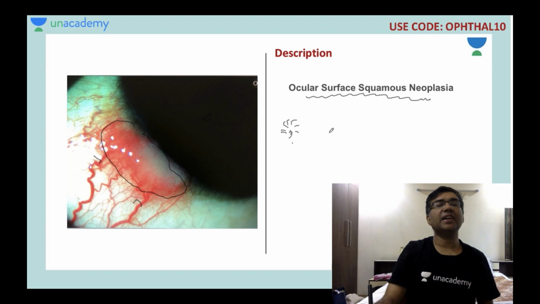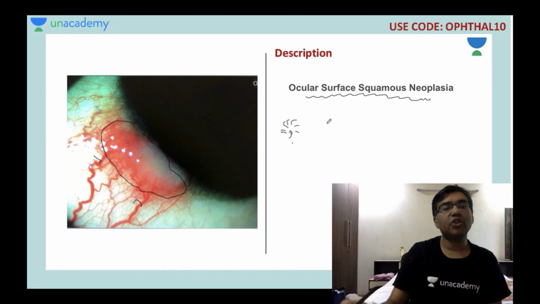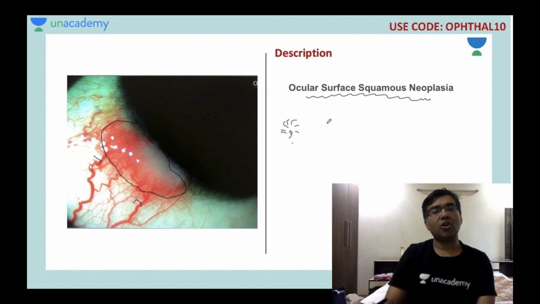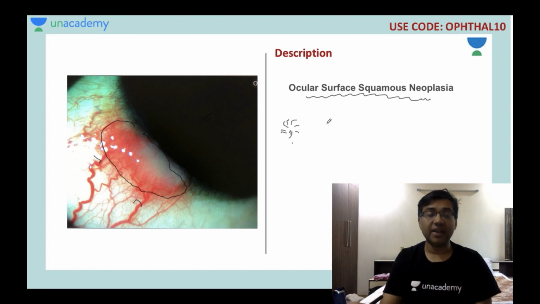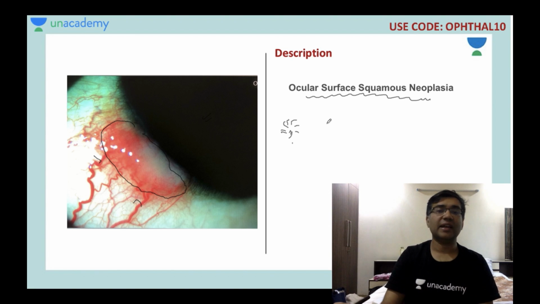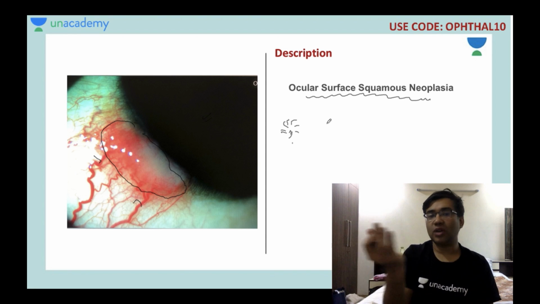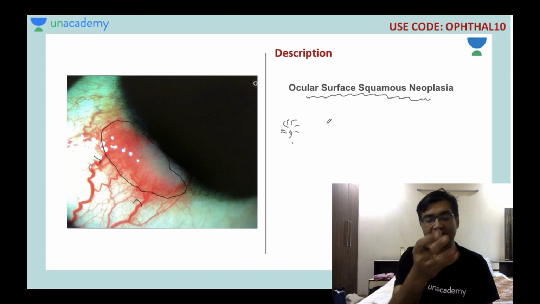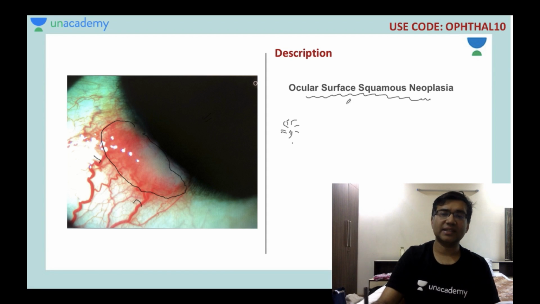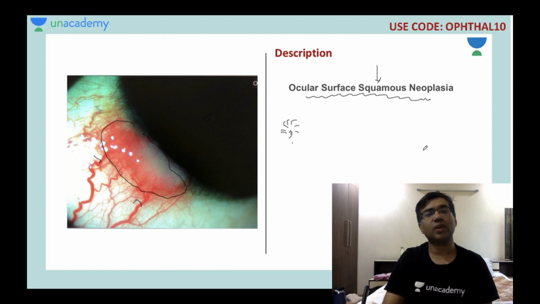But yes, definitely an inflamed pinguecula, or a phlyctenular conjunctivitis, a nodular episcleritis can also look like this. So finally what you have to do is remove this nodule and send it for biopsy, and if you see the keratin pearls or the squamous neoplasia cells, then your diagnosis is confirmed.